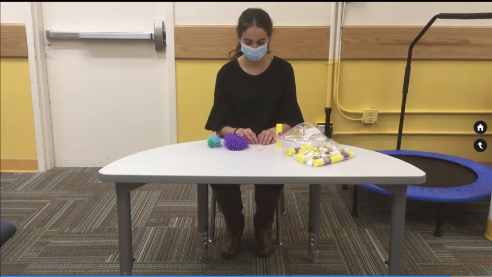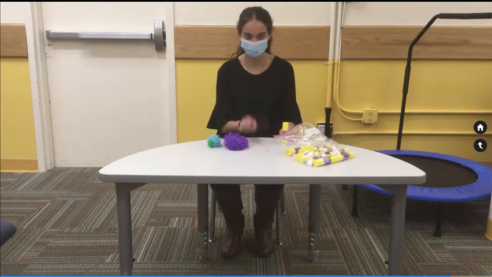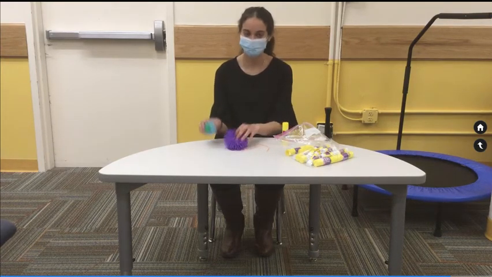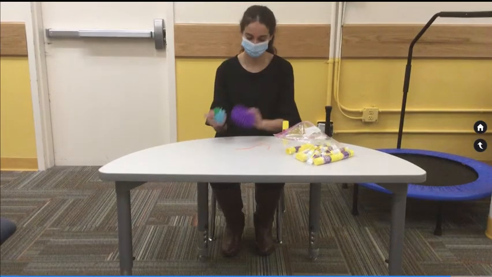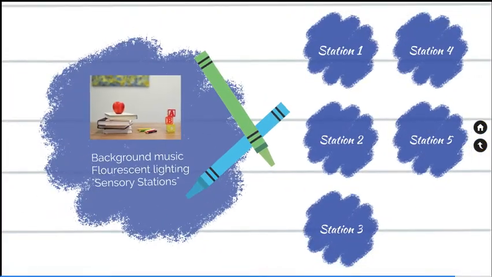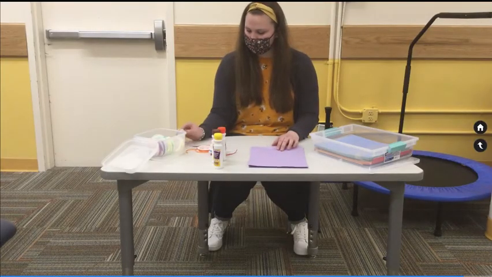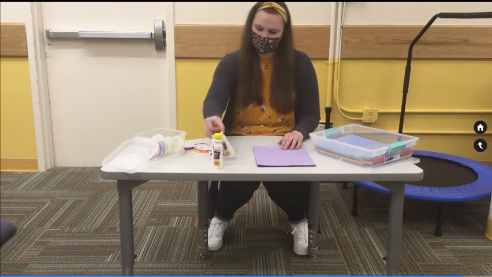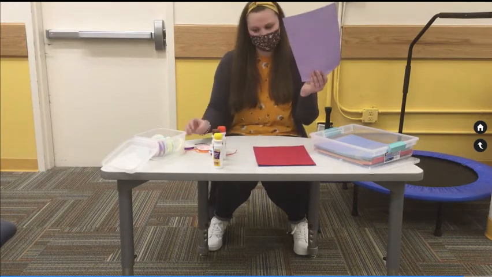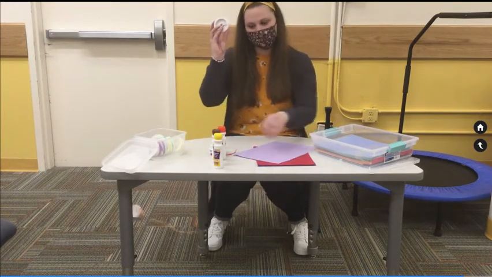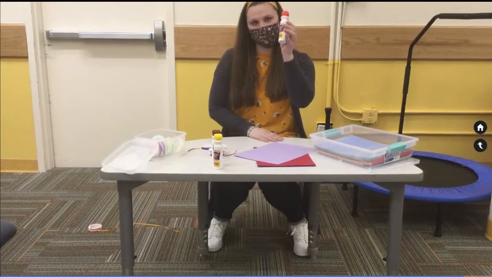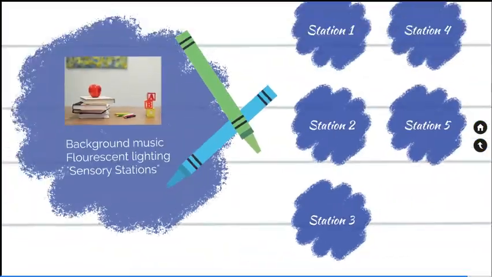This station contains sticky items, such as glue, wiki sticks, and sticky rubbery fidgets. Here is station 3. This station contains a variety of art material, such as construction paper, ribbons, and paint.